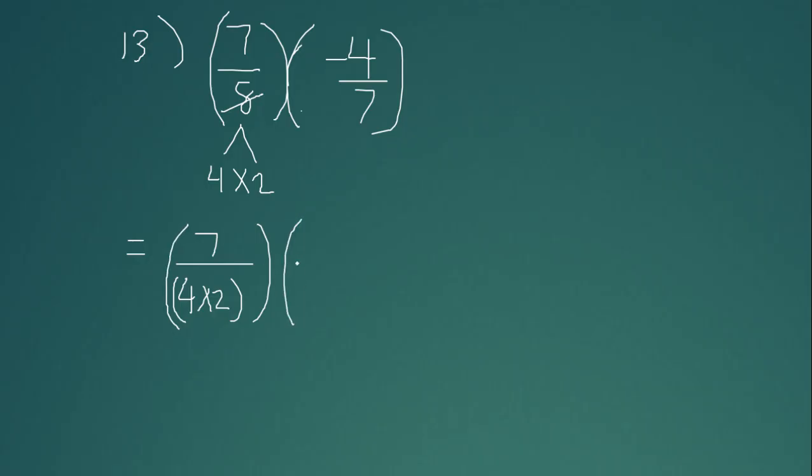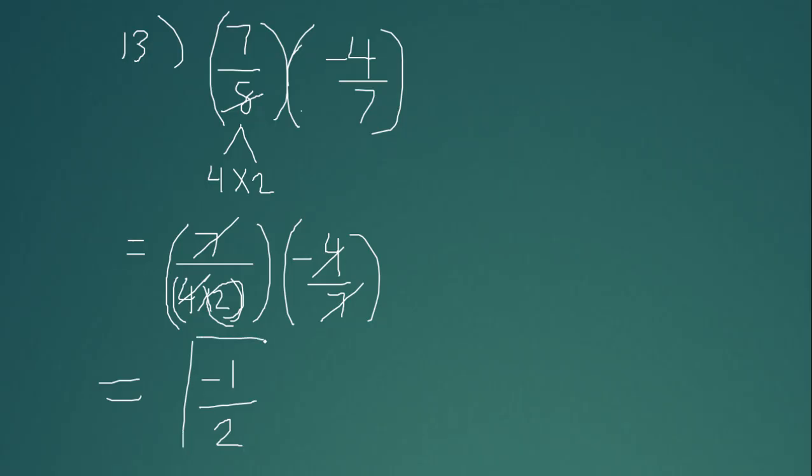Ito naman ay negative 4 and 7. So, cancellation method. Cancel, cancel, cancel, cancel. So, napansin nyo, wala kayo nakita number sa numerator. Magiging negative 1 na lang po yun. Then, sa baba ay 2. 2 na lang kasi ang remaining. The answer is negative 1/2.